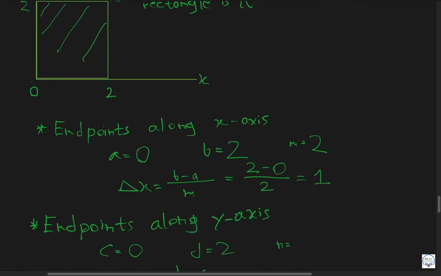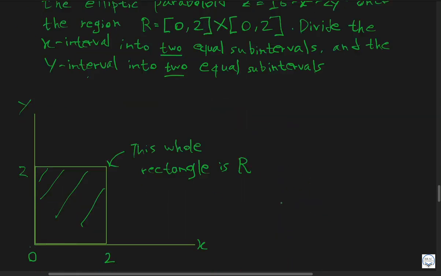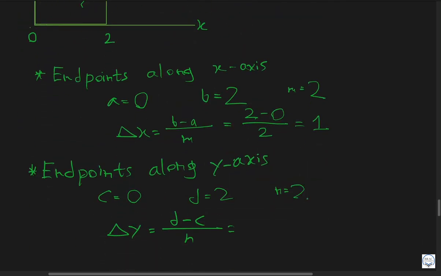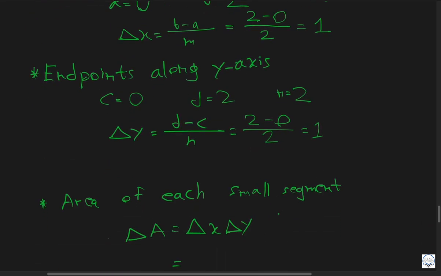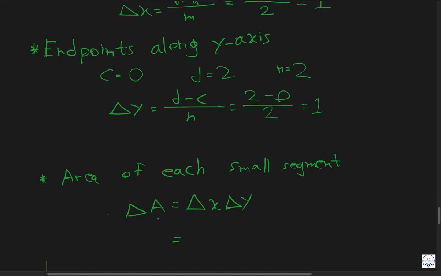Similarly, we will find the endpoints for the y-axis. The y interval starts from 0 and ends at 2. And the number of subintervals along the y interval is also 2, as the question states. That means the length of each segment along the y-axis is (d minus c) divided by n, which is (2 minus 0) divided by 2.